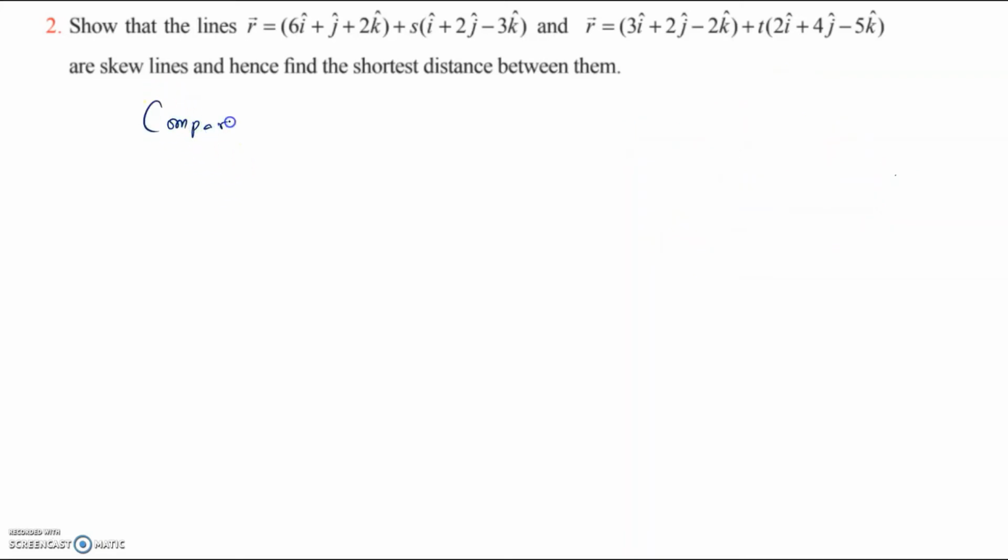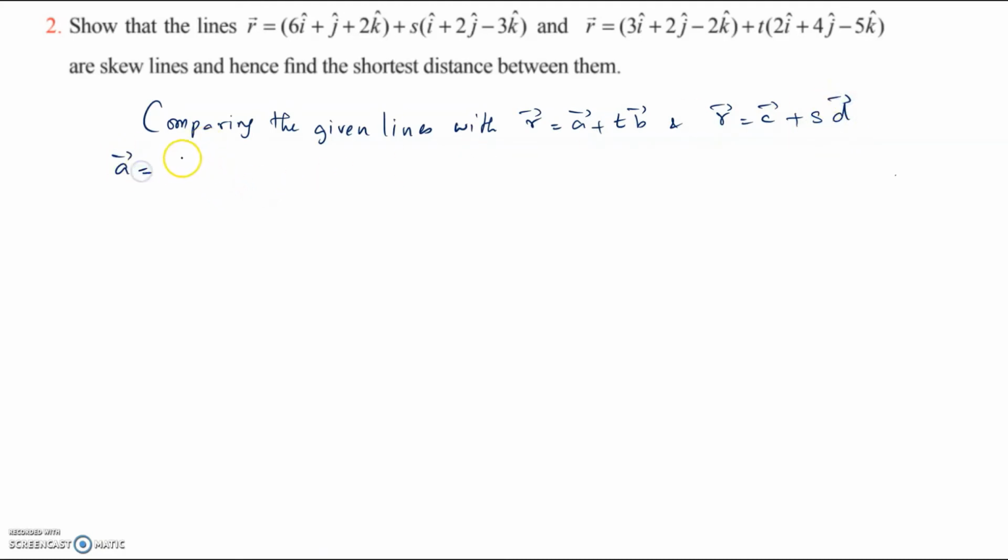Comparing the given lines with a vector + t b vector and c vector + s d vector, our vector a is equal to 6i cap + j cap + 2k cap, and our vector b is equal to i cap + 2j cap − 3k cap.